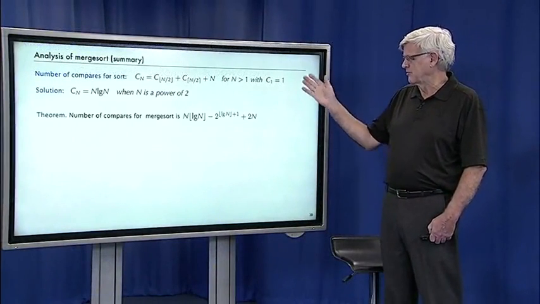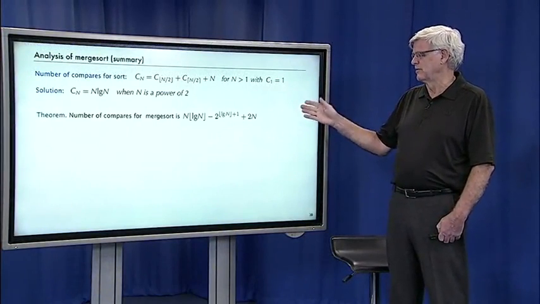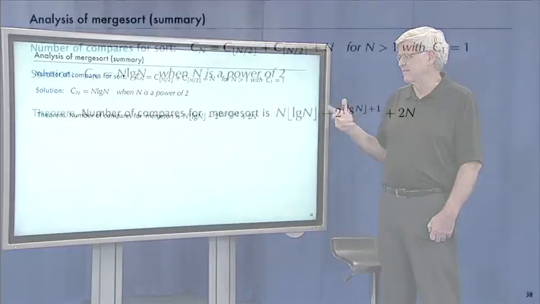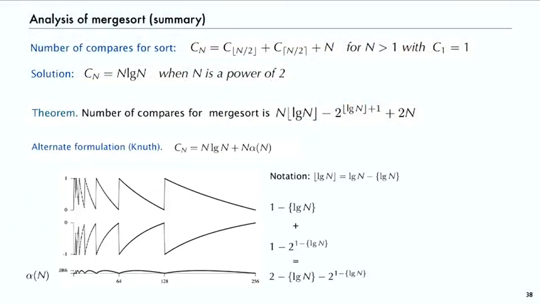So that's just a summary of what we've done so far, but what about that oscillating term? Well, there's another way to deal with the floor of log n. If you write floor of log n, that's equal to log n itself minus the fractional part. That's what the braces do.